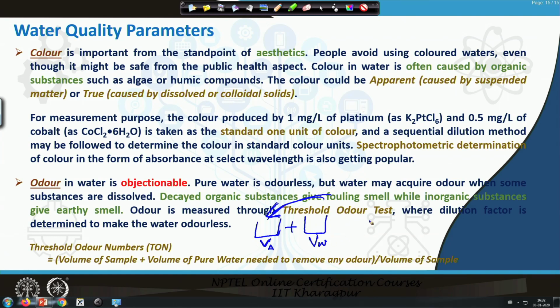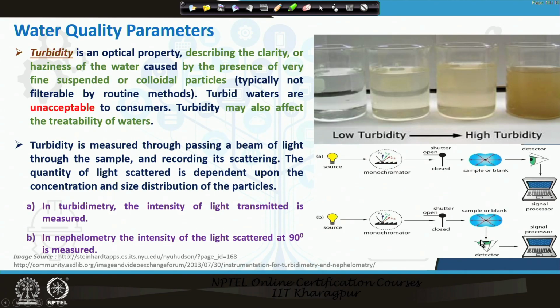So, the total volume becomes VA plus VW, and then we divide it by the volume of sample, which is VA. This gives us the threshold odor number. So, this is what is used for determining the odor in the samples.